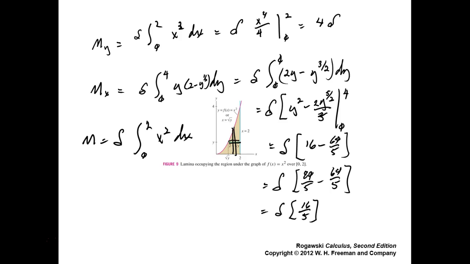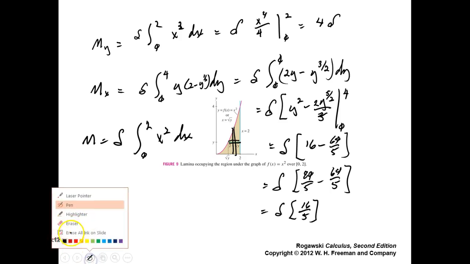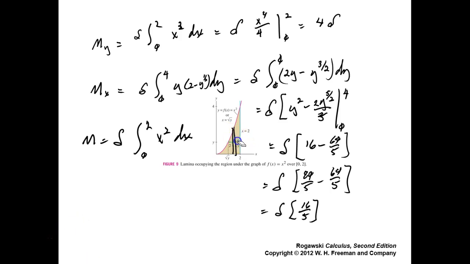Length times width is your area times density, which is mass per unit area, sum it from 0 to 2. You do this little rectangle. Wipe out the other rectangle so it won't be confusing. You're doing the total area under this curve.